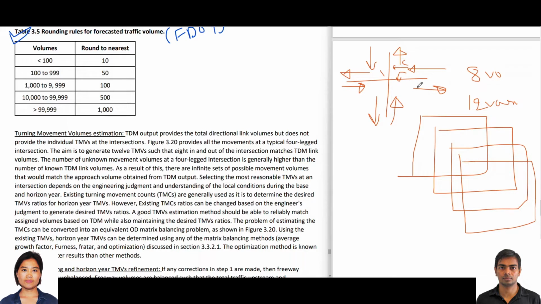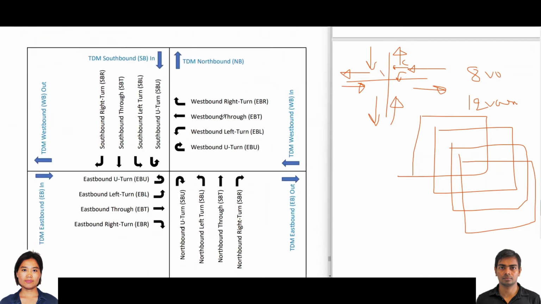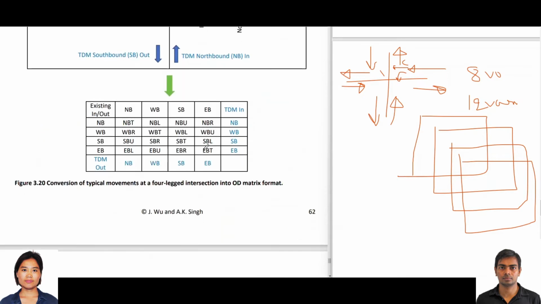So what we can do is reduce these equations, similar to trip distribution. In the figure on the next page, these are the turning movement counts which we are trying to estimate. Those are given in black color here, and the TDM output is given in blue color here. So the blue color is what is known, and the black color is what we are trying to estimate.